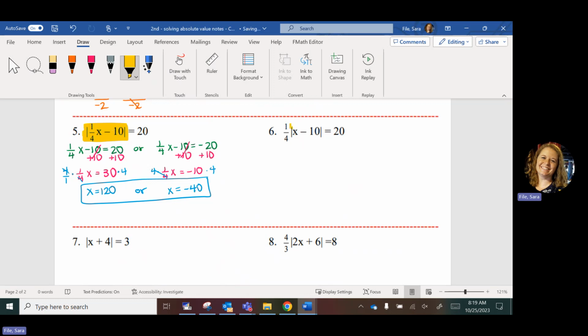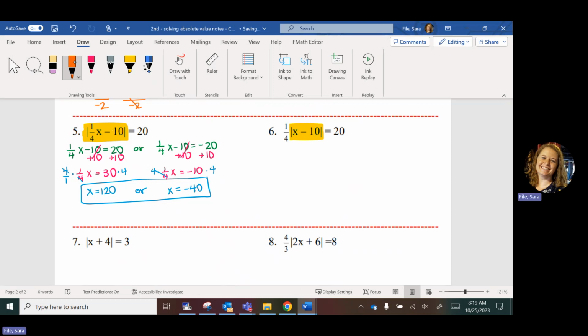But the way it's set up here, that 1/4 is outside of it. So I need to move that 1/4 first before I set up my 2 equations. Instead of dividing by 1/4, we multiplied by 4. You can multiply by the reciprocal of a fraction instead of dividing by a fraction.